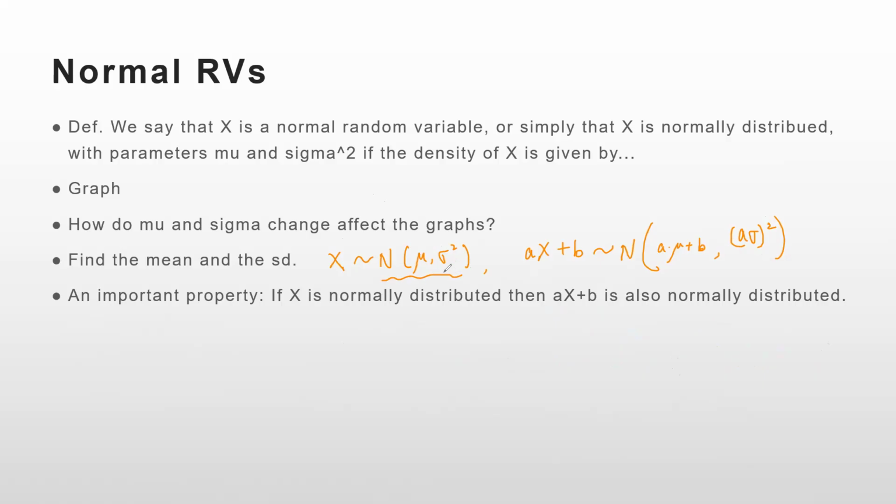By the way, many textbooks use this notation for a normal distribution with mean mu and standard deviation sigma, but occasionally you will see this other notation, mu and sigma squared. So you need to know what the notation is in the textbook. For example, if you see, let's say, 1 and 4, what is that? Does it mean standard deviation or variance? You really need to know the meaning of the notation in the textbook.